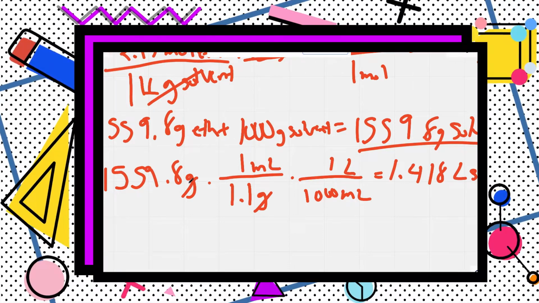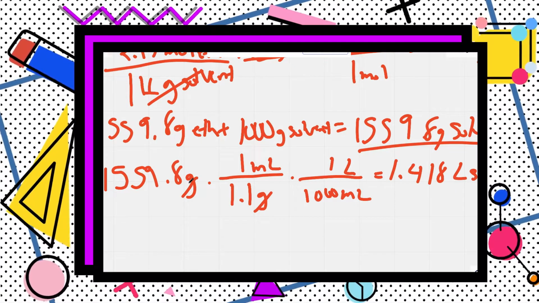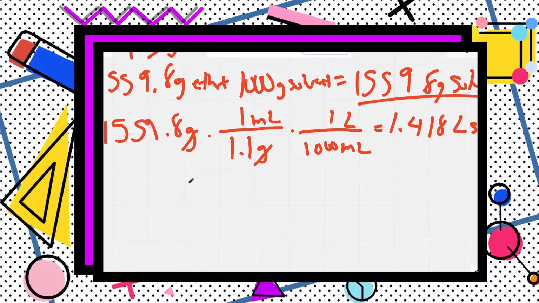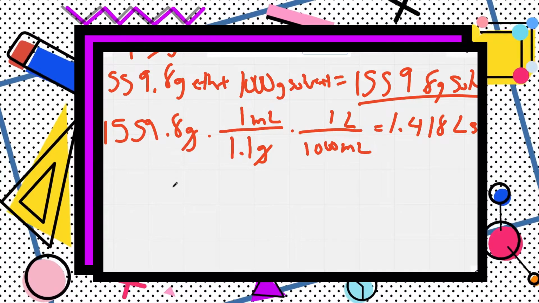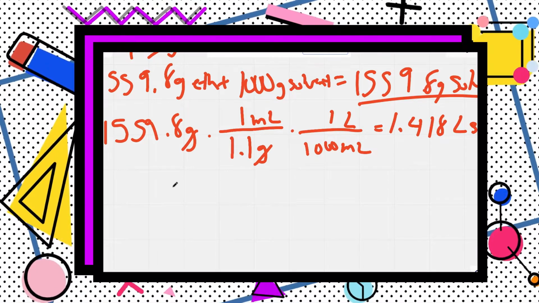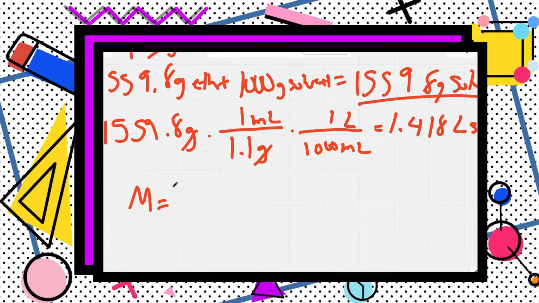So now I got my liters of solution, and they're asking me for molarity. Let's think about molarity: moles over liters. So if I set this up, let me see what I have so far.